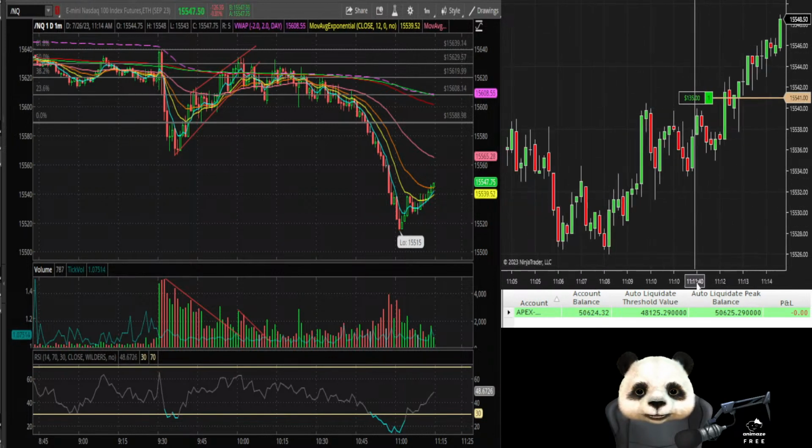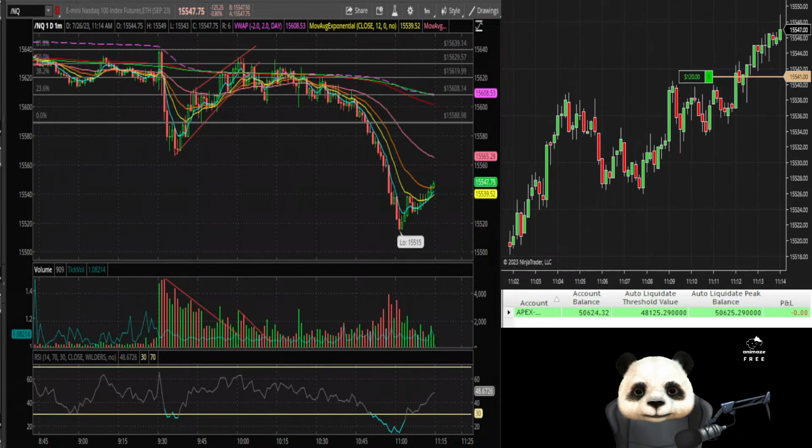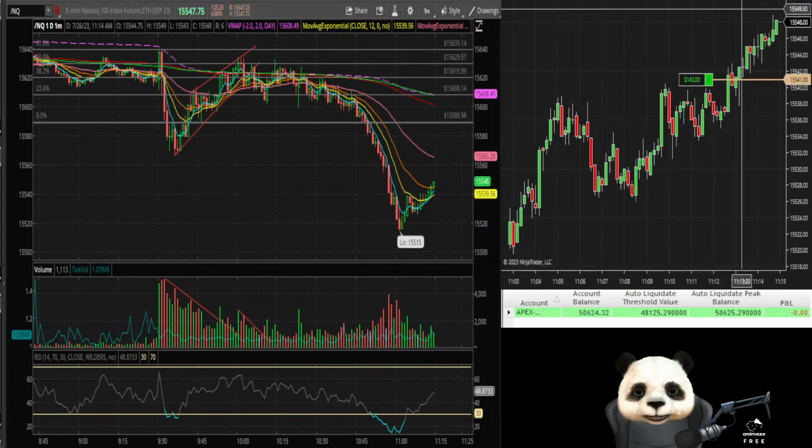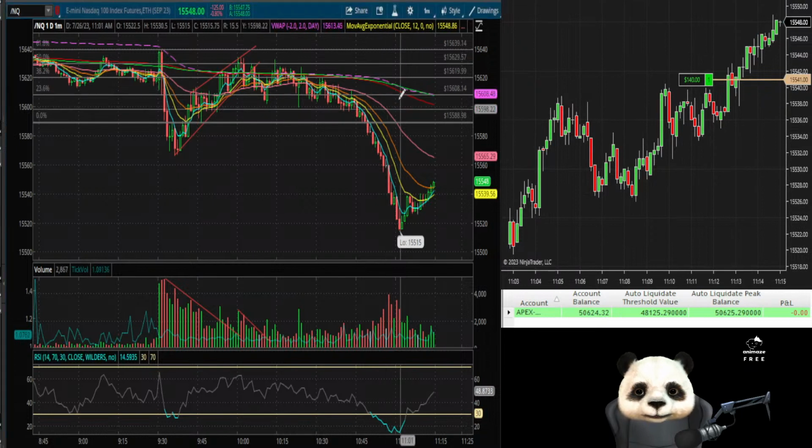Definitely looks like we're climbing out here. Can kind of see the P&L there as we go.